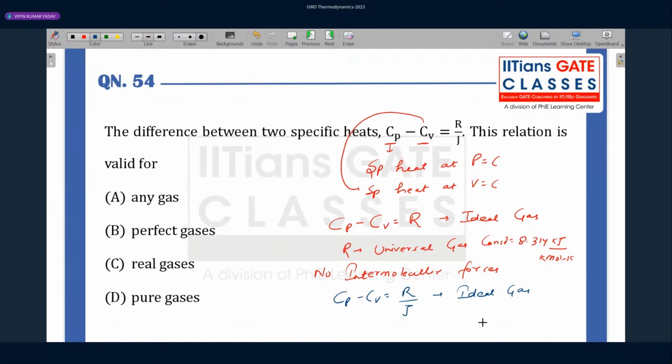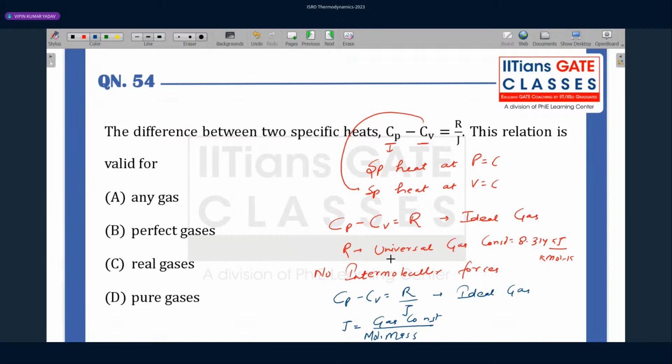Now what is J here? J is the gas constant per unit mass. This is the specific gas constant per unit mass or molar mass actually.